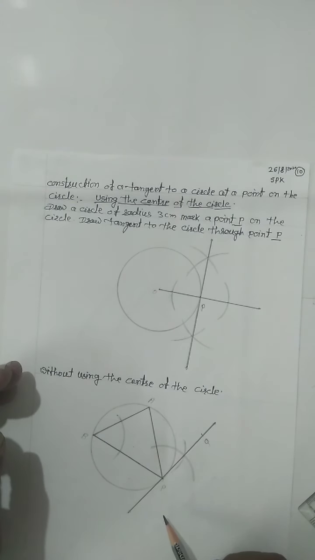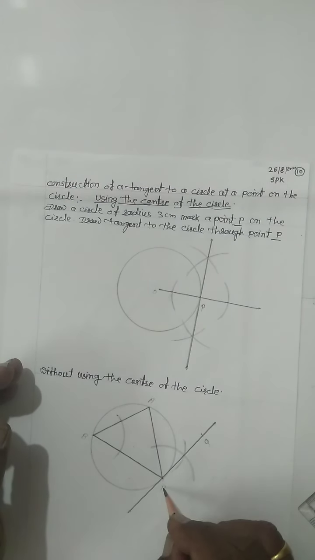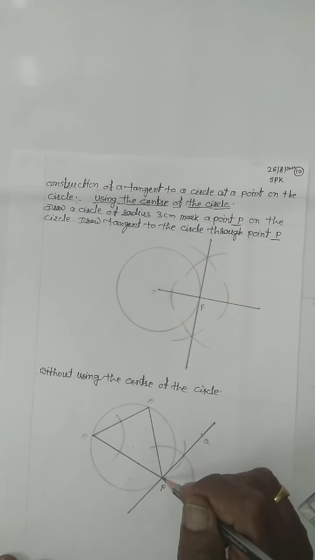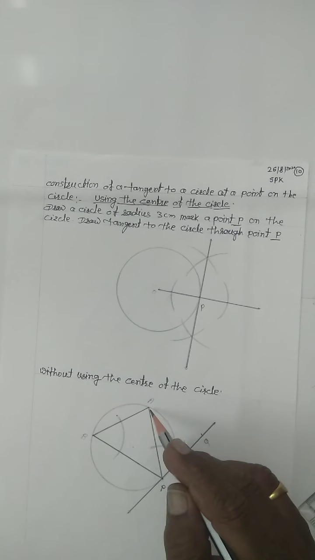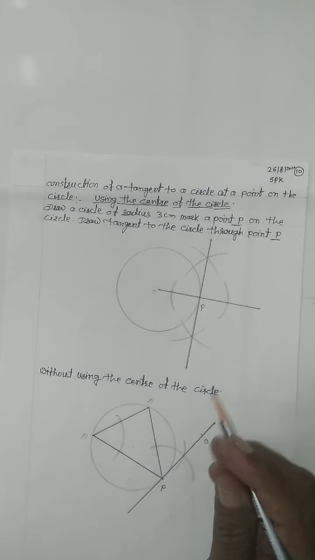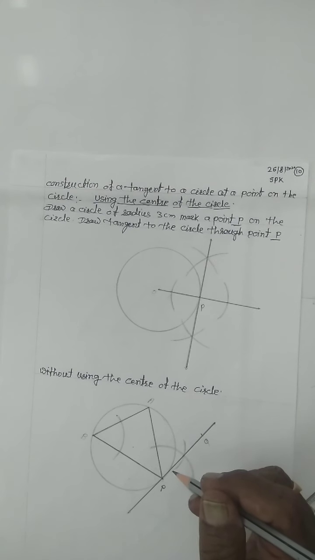Then mark a point P on the circle. In this construction we are not going to use the center of the circle. Then draw a chord in the circle, that is PA is the chord of the circle.